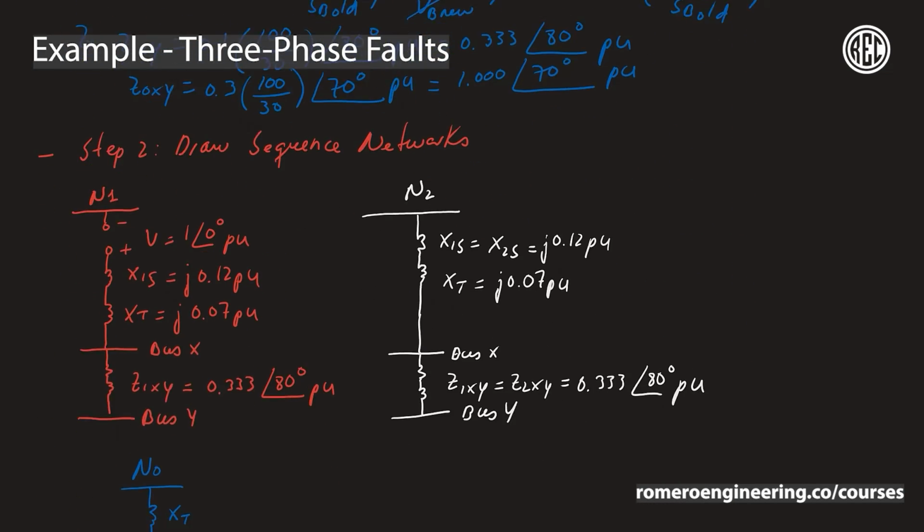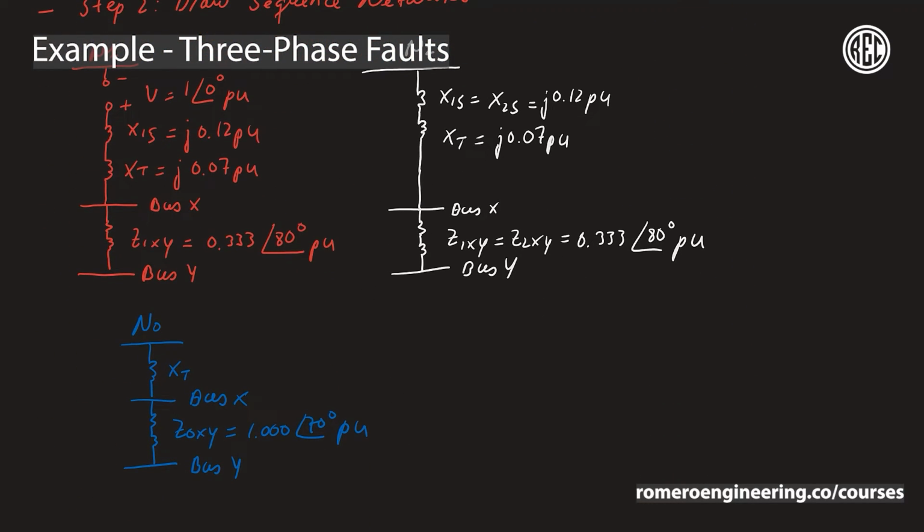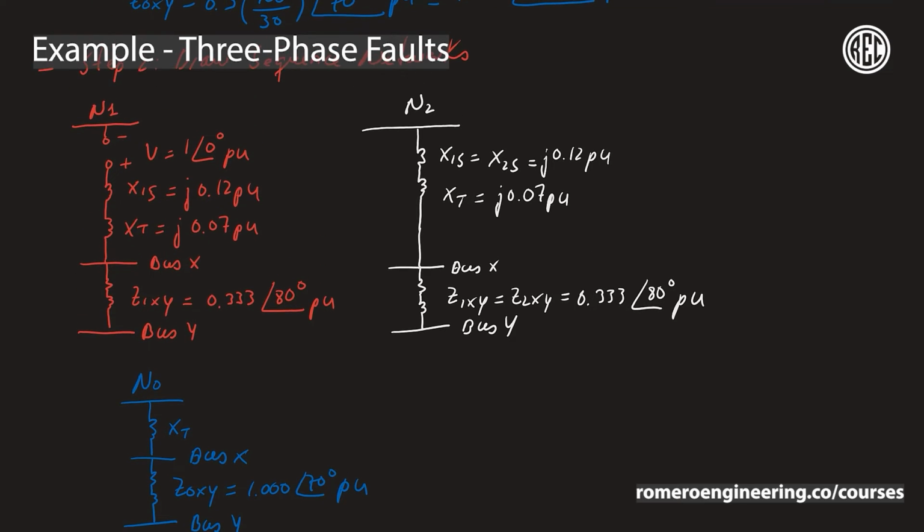One more step that we should do is to simplify our sequence networks. We've drawn the sequence networks, including the source impedance, the transformer impedance, and the feeder impedance. We should simplify them so that it's easier when we move into the interconnections for the different types of faults.